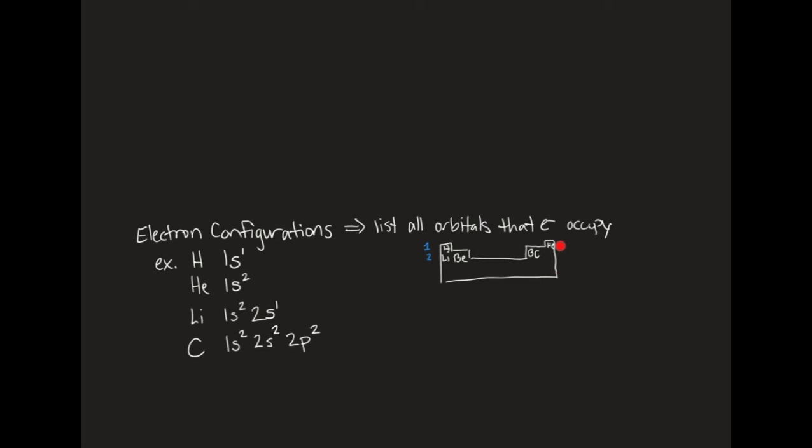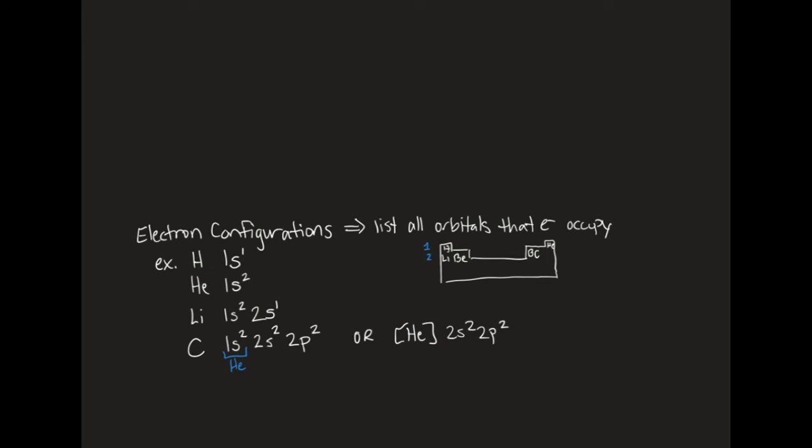If you start at the previous noble gas, which is helium, you put it in brackets, and that accounts for everything prior to this. So we would start here at 2s2, 2p2, because this part is just describing helium. So that's another way we can abbreviate this.